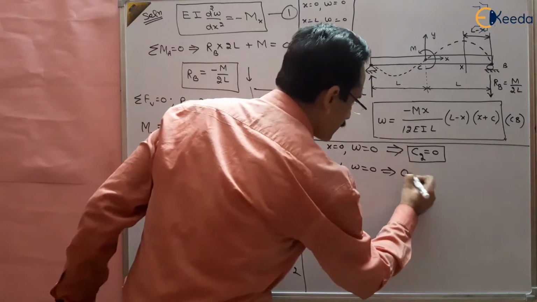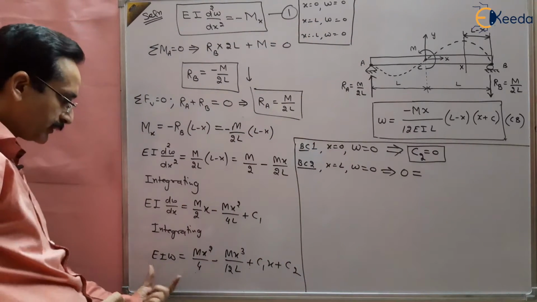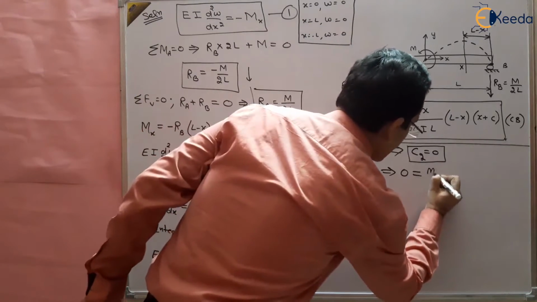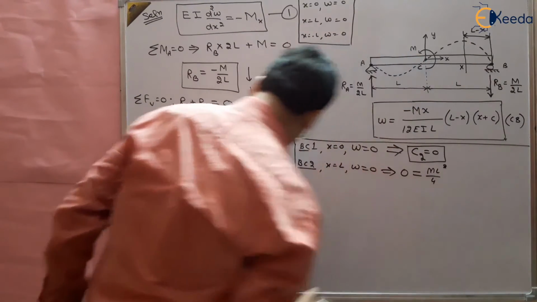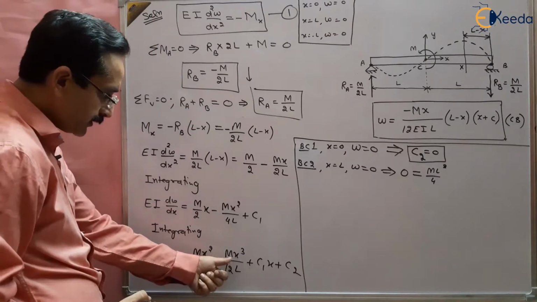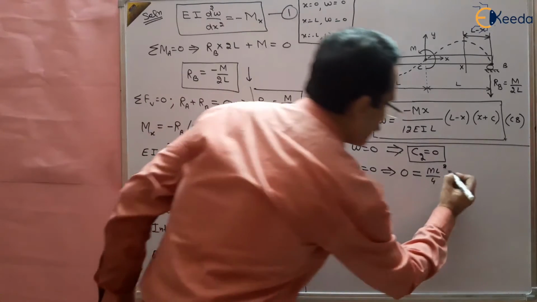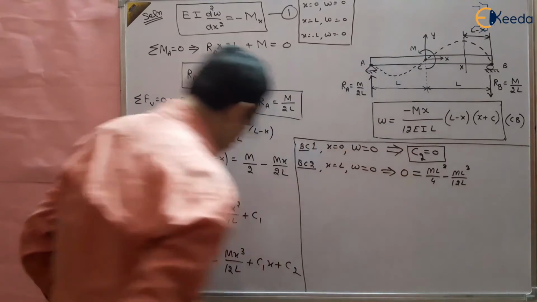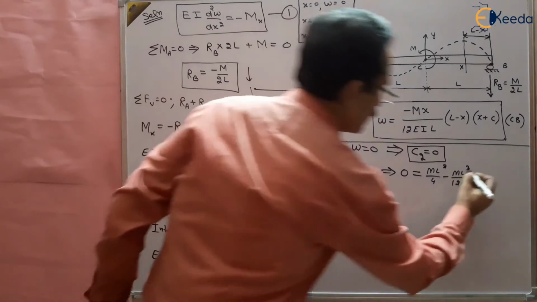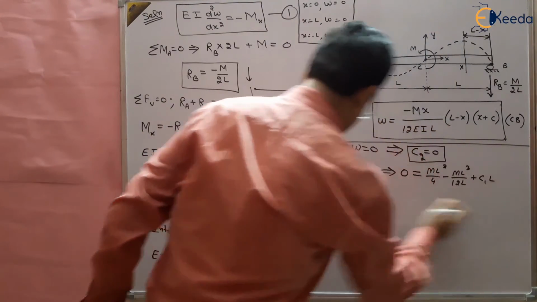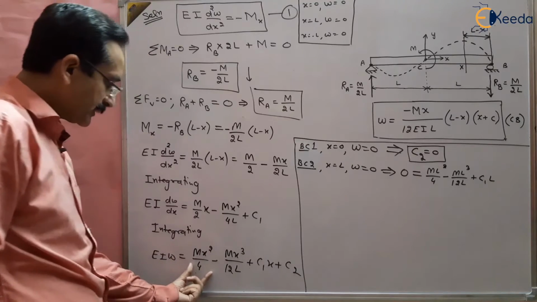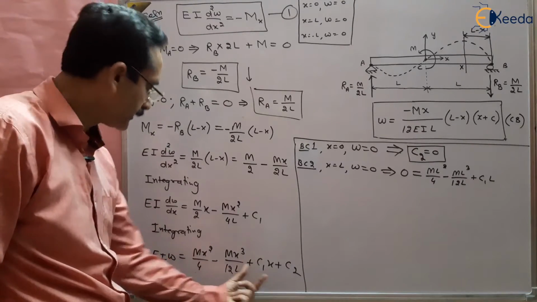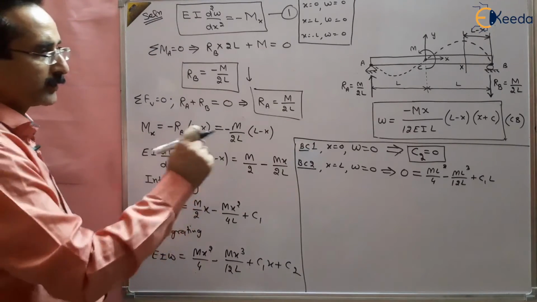So the left hand side is 0, and the right hand side is ml square by 4 minus ml cube by 12l plus c1l. c2 is 0. So ml square by 4, ml cube by 12l and c1l, and this is 0, right? We have put the boundary conditions.